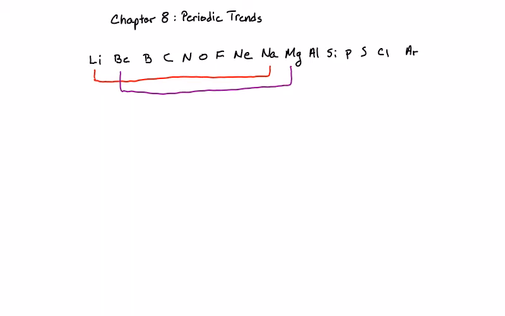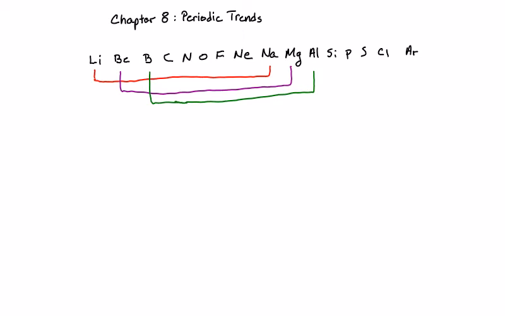We see the same thing with boron and aluminum. Boron and aluminum are both going to be trivalent. The compounds that they form that are trivalent tend to be very Lewis acidic. So again, a lot of similar properties there.